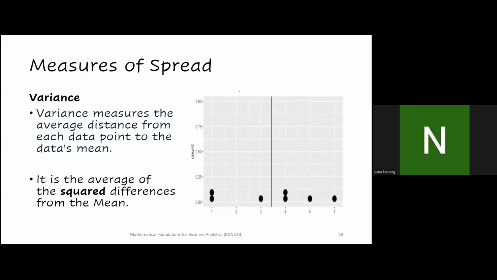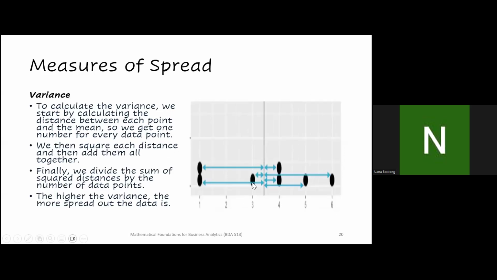If you look at value 3, it is the distance between it and the mean. Value 1, you see the arrow from 1 to the mean. The data point at the top is the distance between that and the mean.